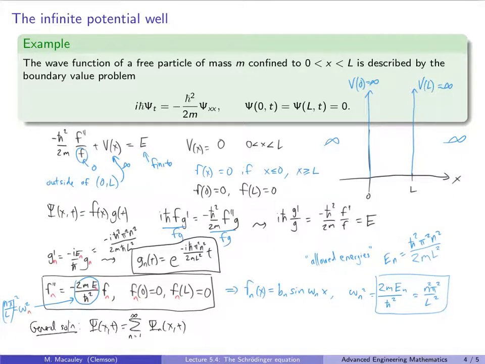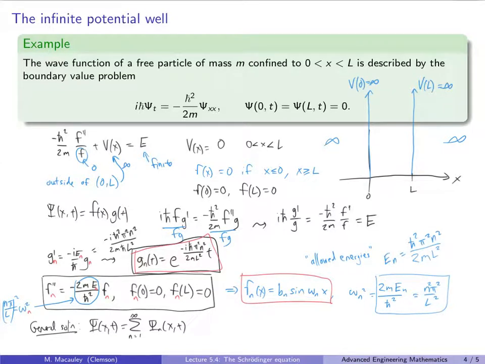So for each n, we have a fundamental solution psi n, which is F times G. Let's box that so we can do these both in red actually. There's G and there's F. And I'm just going to leave it like this, the omega n, because that's just too complicated.